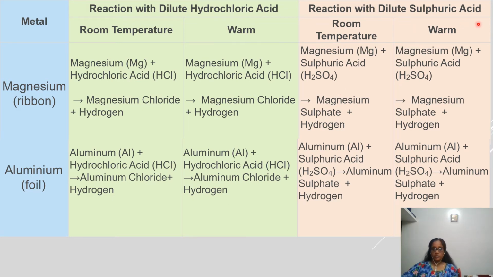And reaction with dilute sulfuric acid: aluminium reacts with sulfuric acid to form aluminium sulfate and hydrogen gas. And in the warm condition also aluminium sulfate and hydrogen gas. So here also understand one thing, metal reacts with acid to form salt and hydrogen gas.